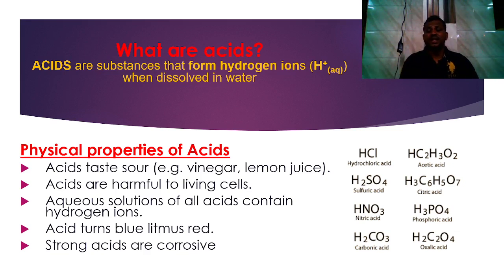And remember the molecular formulas of the acids: hydrochloric acid is HCl, sulfuric acid is H2SO4, nitric acid is HNO3, and carbonic acid is H2CO3. These are the molecular formulas of the acids. You can check on the slide here.